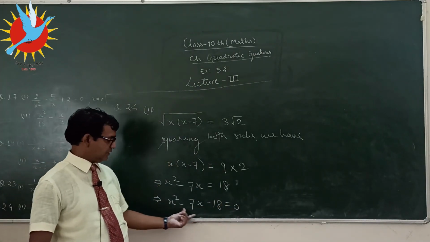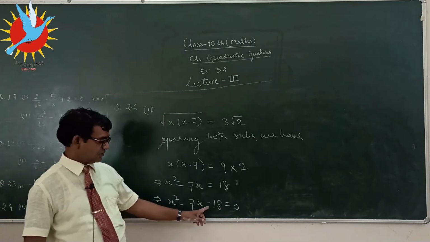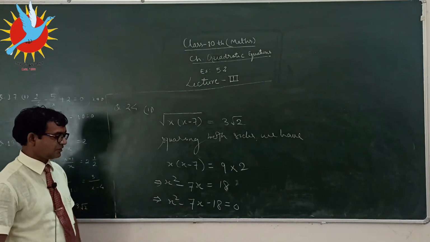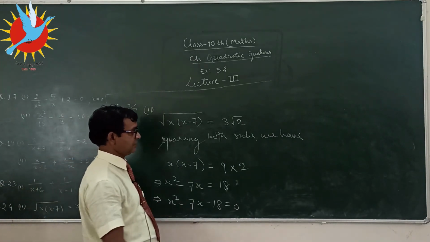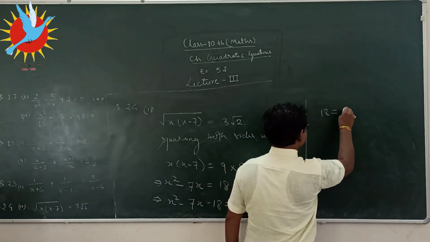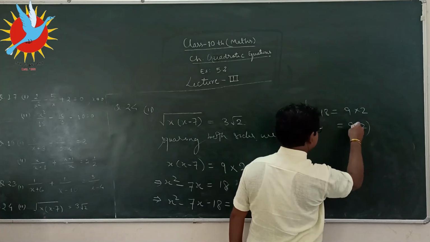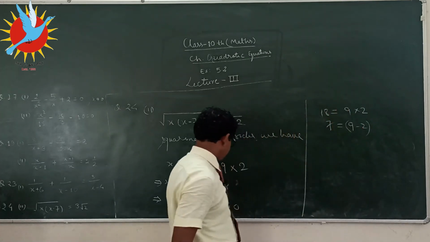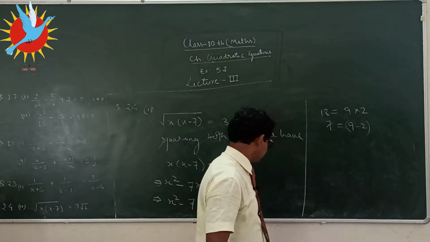Now it is a very simple equation. We have to factorize 18 in such a way that the difference of both factors is equal to 7. So this 18 can be written as 9 into 2, and the difference 9 minus 2 will be equal to 7. So in place of 7 we can write 9 minus 2.